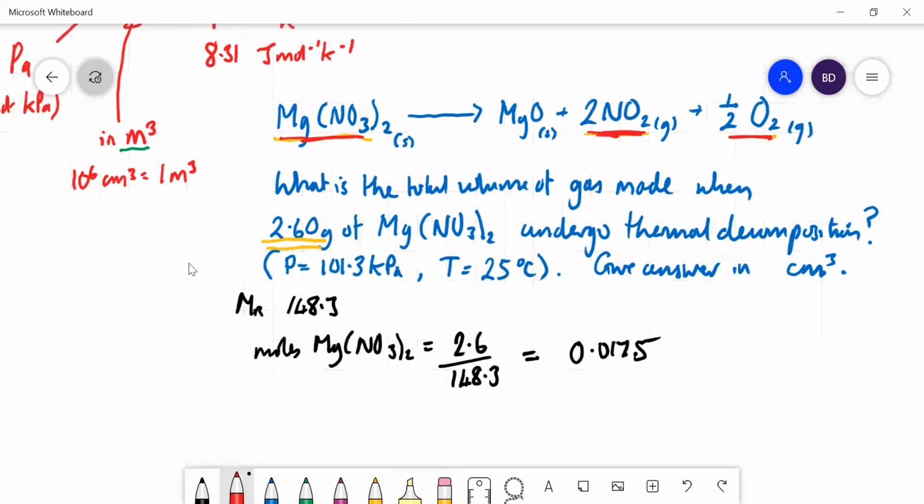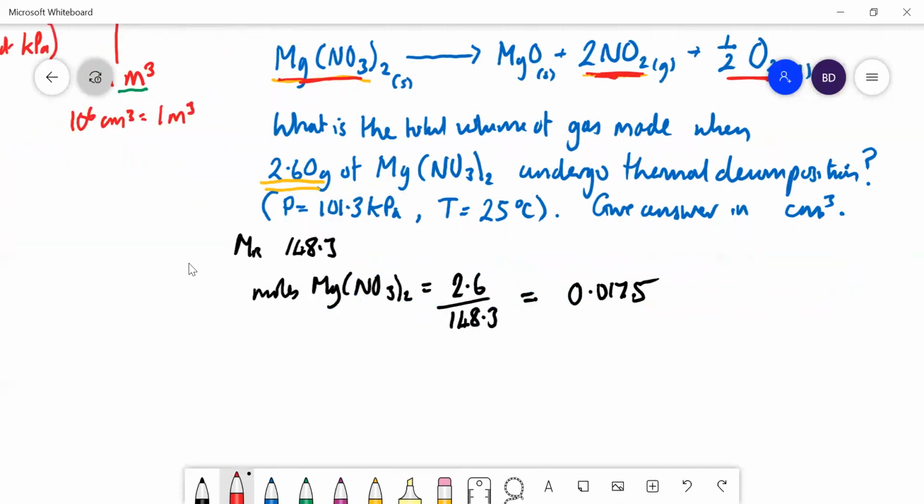So total moles of gas is equal to 0.0175 multiplied by 2.5, because 1 mole of magnesium nitrate gives us 2.5 moles of gas. So that is equal to 0.0438.